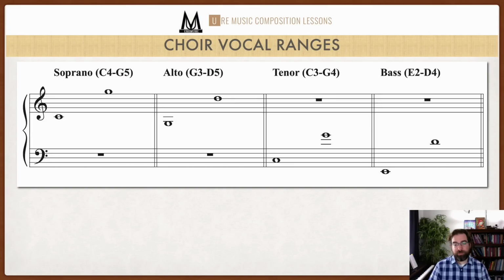One thing that's important before we get into writing chord progressions is your choral vocal ranges. So these are the most commonly used vocal ranges. They may vary by about a major second, depending on the textbook you're looking at, but these are pretty standard vocal ranges.